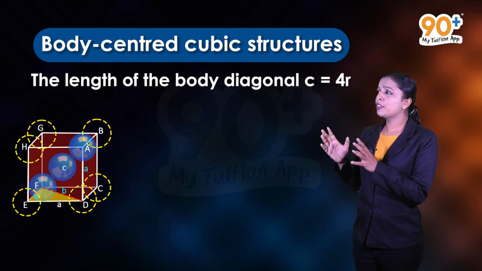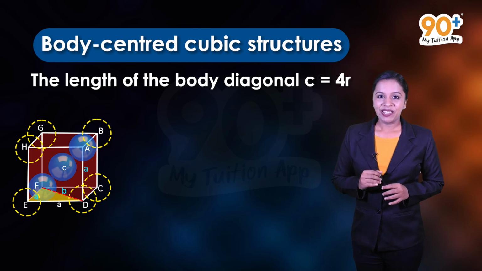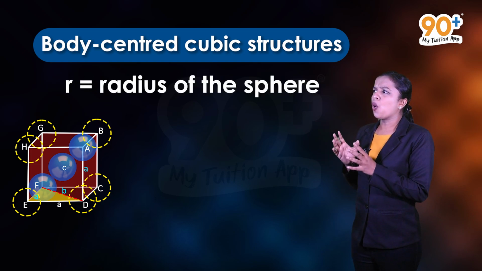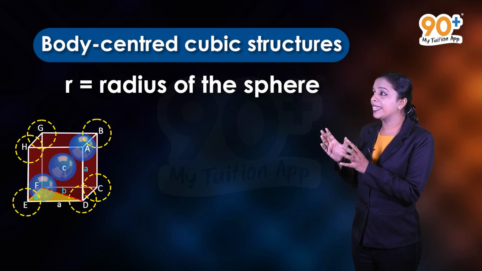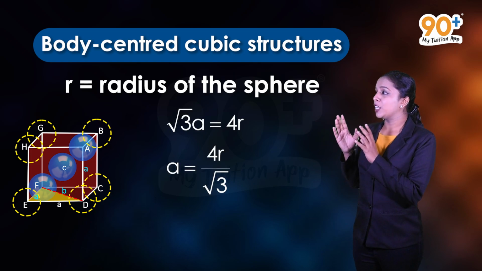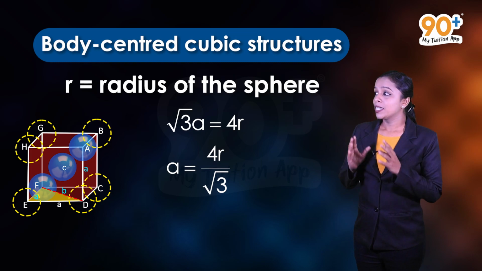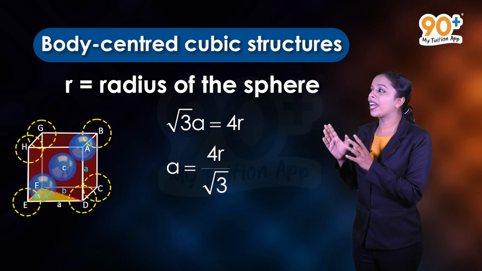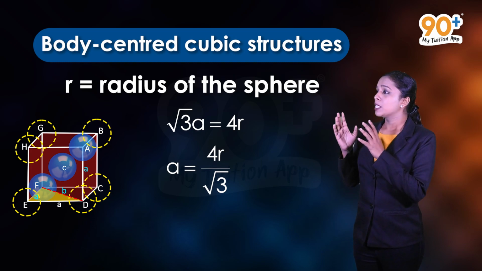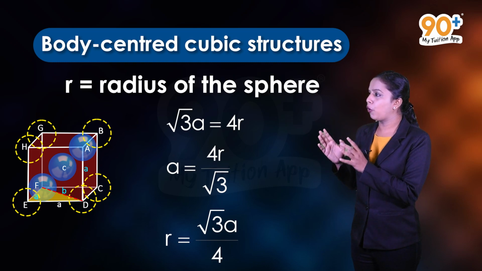Well, the length of the body diagonal c is equal to 4 into small r, where small r is the radius of the sphere, as all the three spheres along the diagonal touch each other. Therefore, root 3 into a is equal to 4 into small r, or small a is equal to 4r divided by root 3. Also, we can write small r is equal to root 3 into a divided by 4.